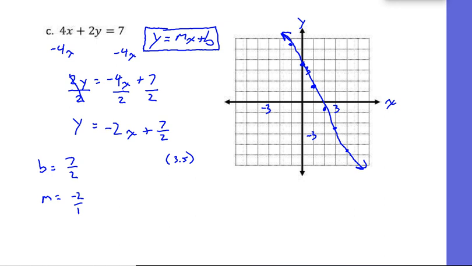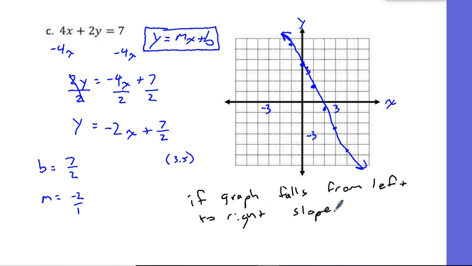I'd like to add one additional note for you about slope, and that is if, as we read from left to right our graph, the line falls. So if the graph falls from left to right, the slope will be negative, which is a helpful check for you to see if your math was correct.